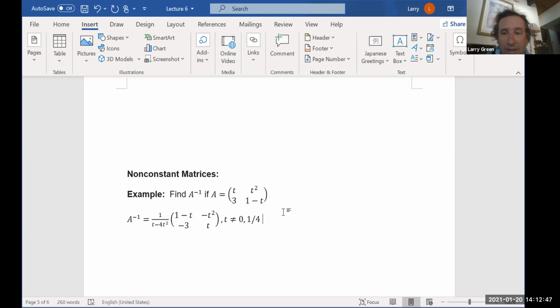Any questions on that? I have a question for you. Sure. On the adjoint of A, why are the -3 and the -t² negative? Shouldn't they become positive when you take the transpose, like when you have the cofactor of A? Well, remember you do -1 to the i plus j. And then I got negatives for those entries.